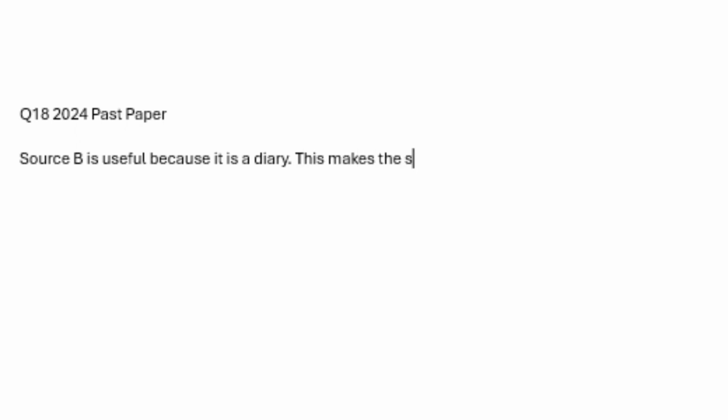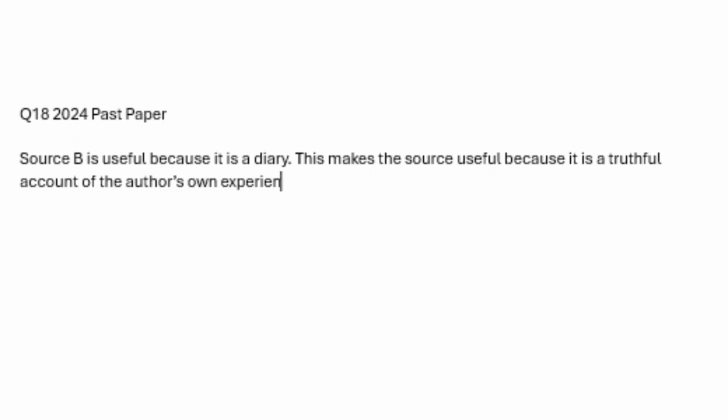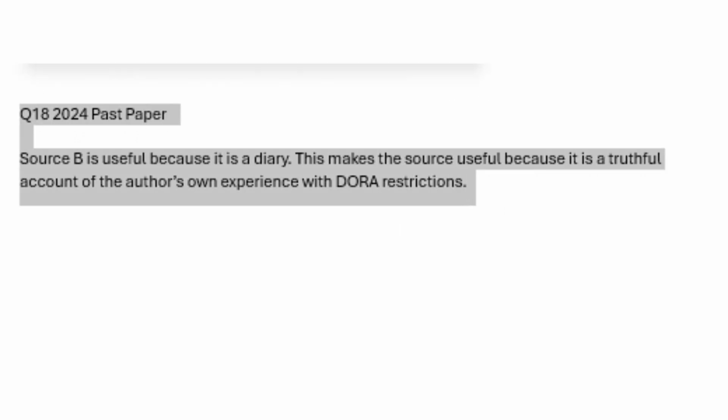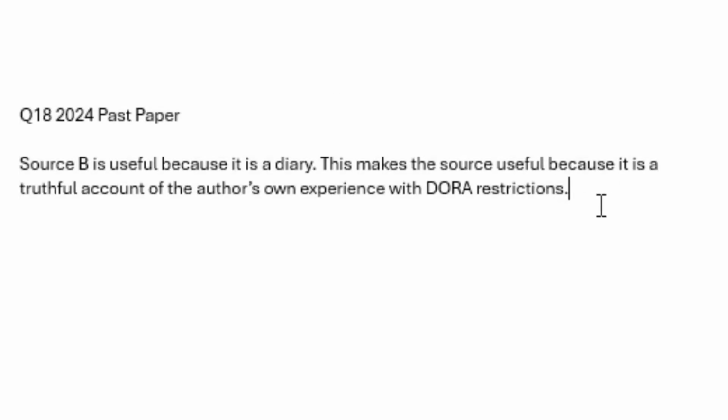This makes the source useful because it is a truthful account of the author's own experience with DORA restrictions.